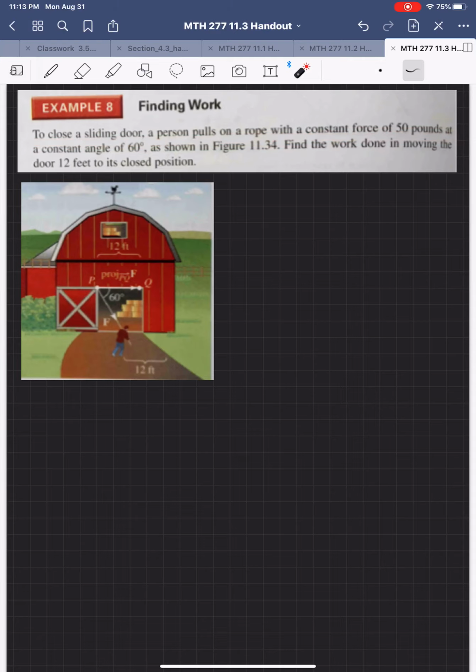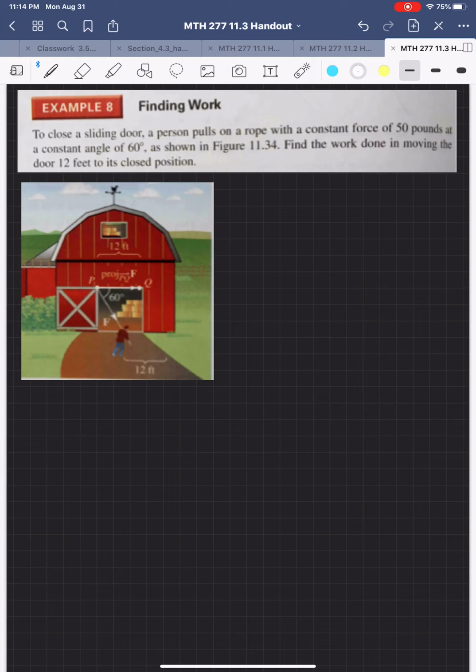In other words, you're trying to close this barn door, and you have a rope that you're pulling on at a constant force of 50 pounds, and you've got an angle of 60 degrees. Now our job is to find the work done in moving the barn door 12 feet, because you have to move this door 12 feet in order for the barn to close.